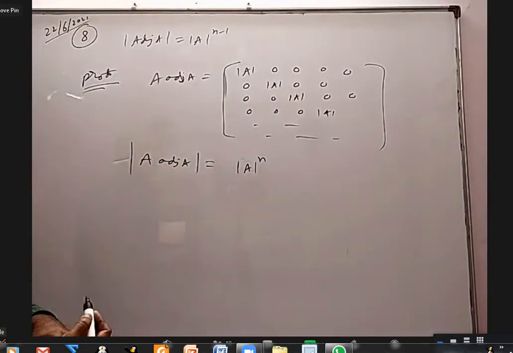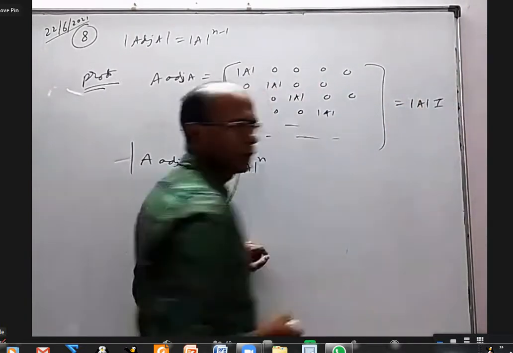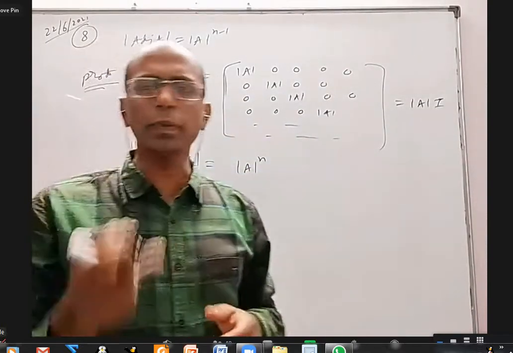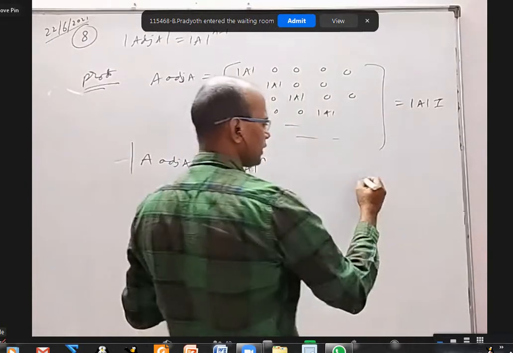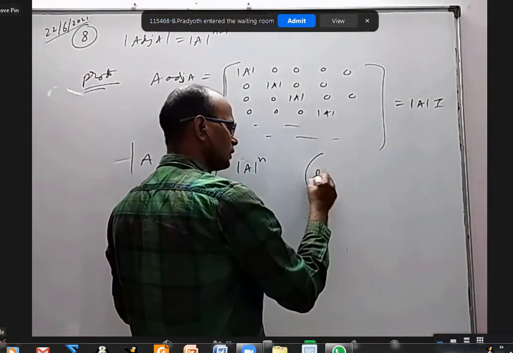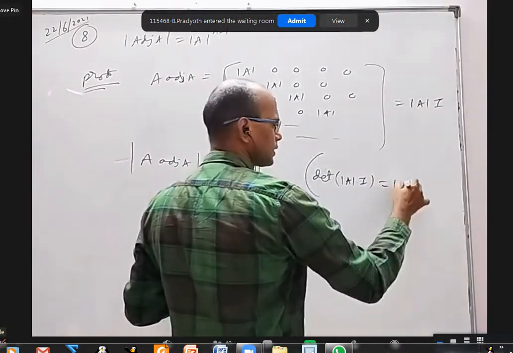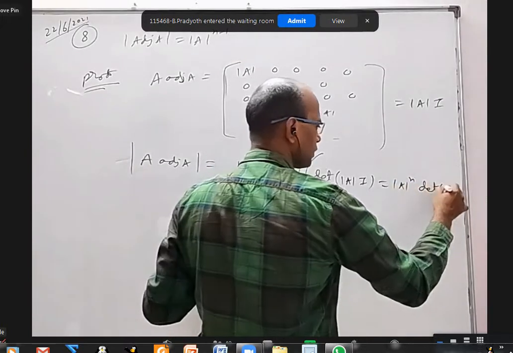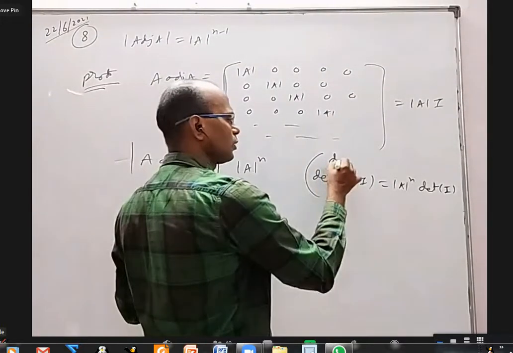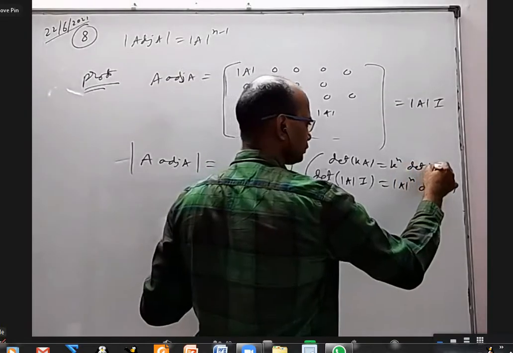In fact, I could have written this as det A into I, and we know det of kA is k power n into det A. So the determinant of det A into I is det A power n into determinant of I.